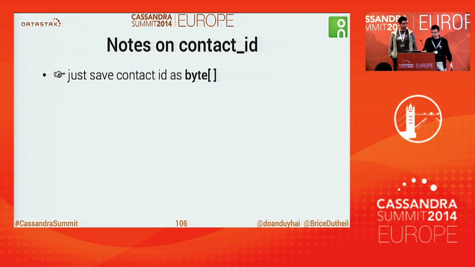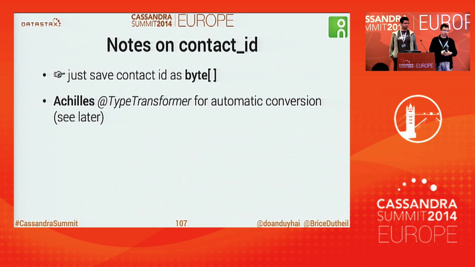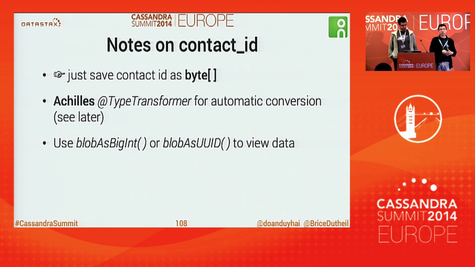And we are leveraging Achilles type transformer for automatic conversion. We'll see it in a few slides. And for production debugging, if we want to display the contact ID, we can use the CQL native functions blobAsBigint or blobAsUUID, to convert the data on the fly, to have something human readable.